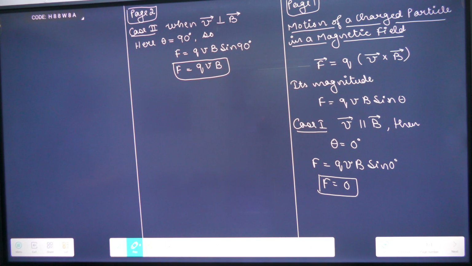Now there is one diagram, so let us try to understand it.